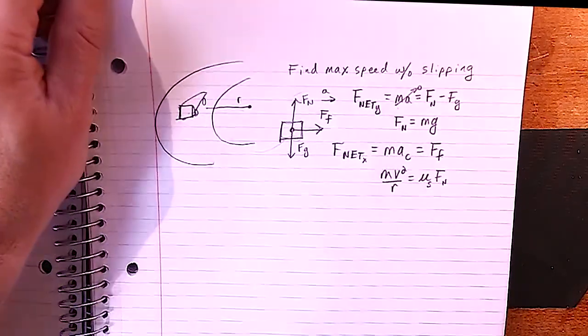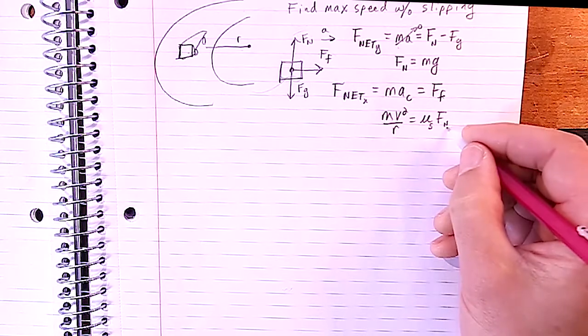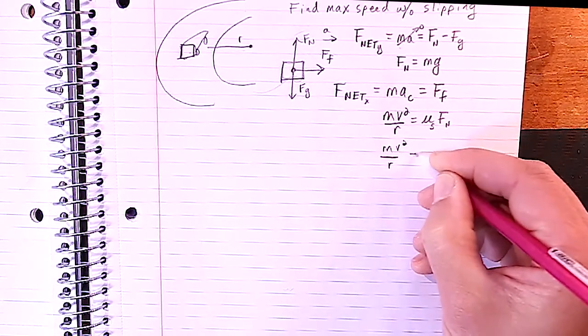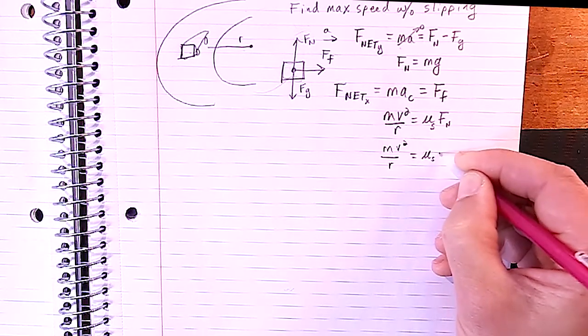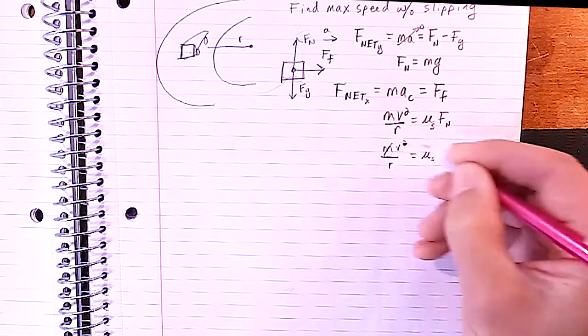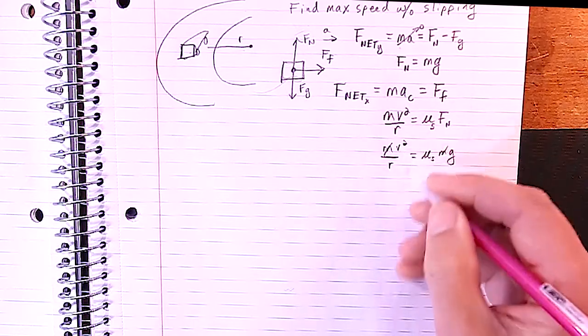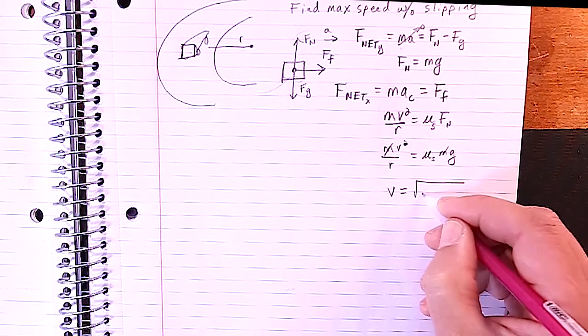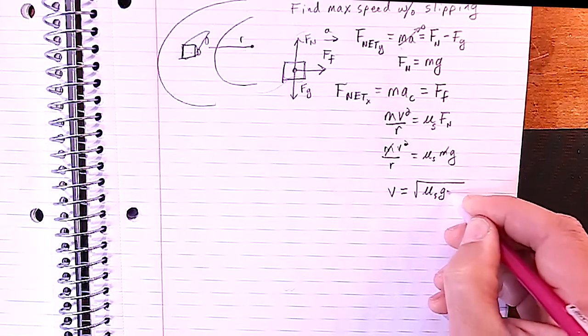We can replace Fn with mg, so we can say m v squared over r is equal to mu_s mg. We have an m on both sides, and solving for v, we have v is equal to the square root of mu_s g r.